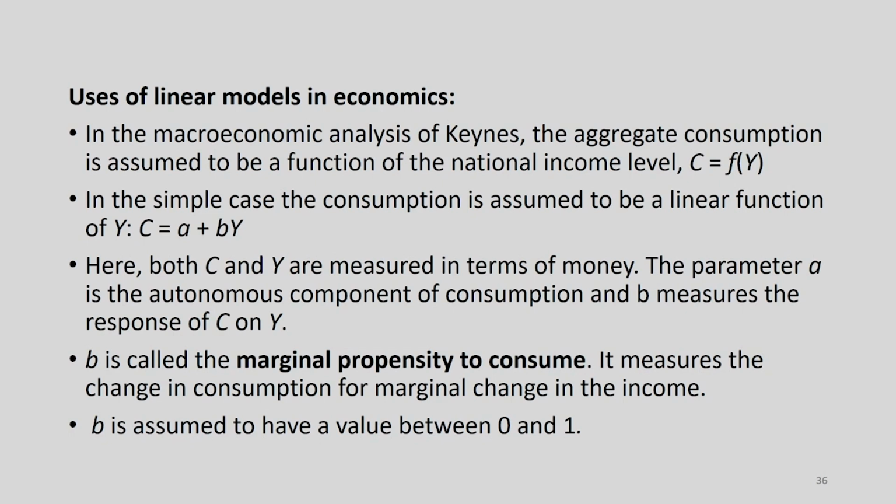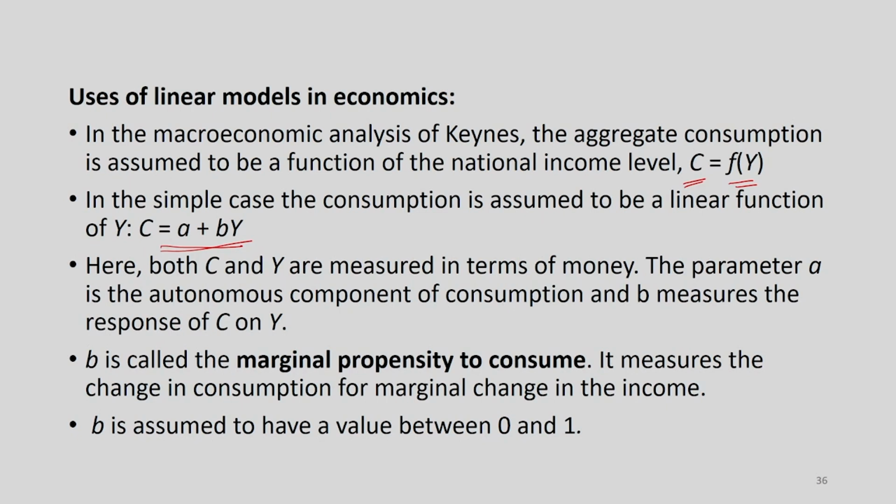So, capital C is the aggregate consumption function of the economy, and it is a function f of capital Y. Y is the national income, and it is supposed to be a linear function. We know that the linear function can be of this form: capital C is equal to small a plus small b multiplied by capital Y. Here C and Y are measured in terms of money.